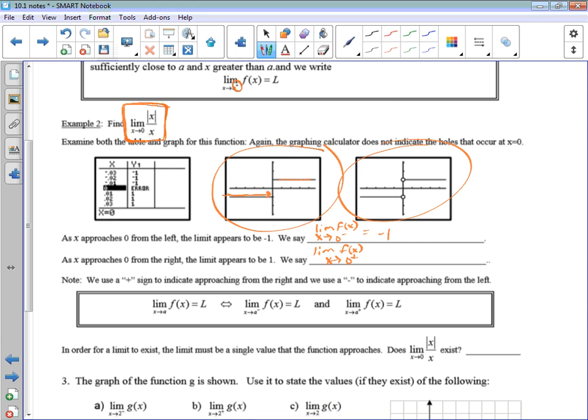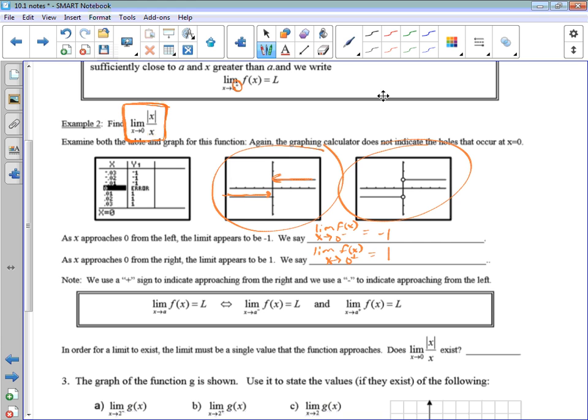All right, so then what about as we approach 0 from the right? That's 1, because as we come from the right, isn't it up here? So from the left is -1, from the right is +1. What do you think that means about the overall limit? Does not exist. Did your left and your right run into each other?